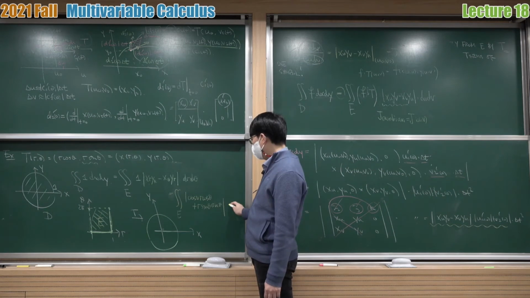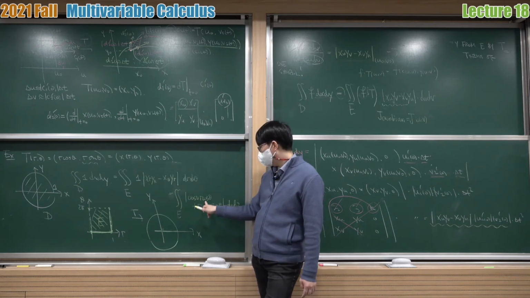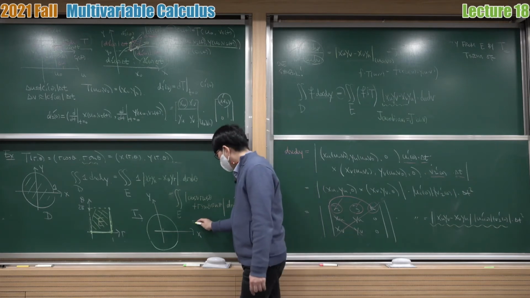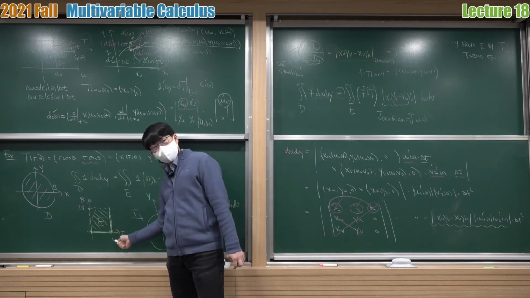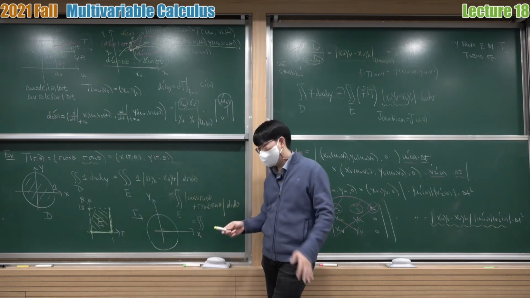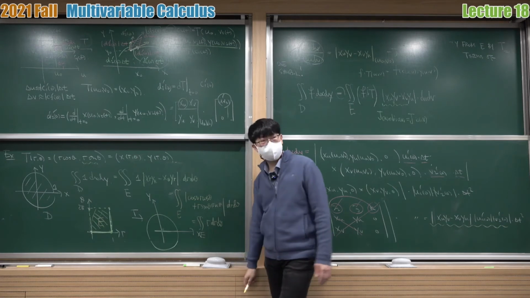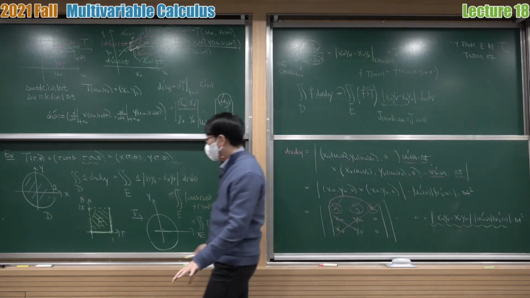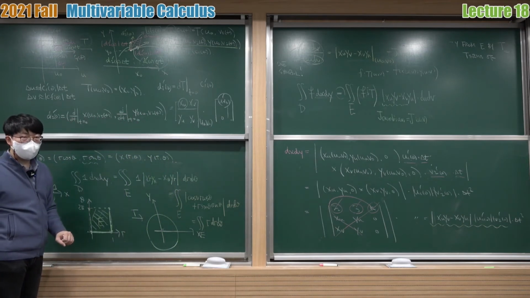All right, so we have dr d theta. And we have r cosine squared plus r sine squared. So it's simply r. And inside of this domain E, r is always positive, so I don't have to put the absolute value sign. So basically, it's r dr d theta on this domain E. Now, if you think about the function r inside of the r theta plane, is it a continuous function or not?